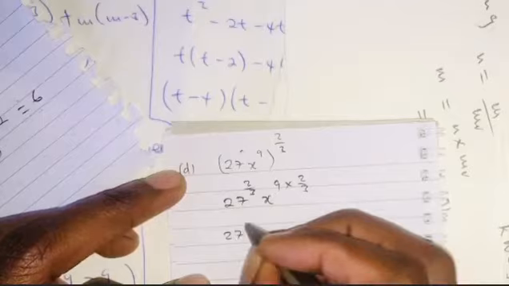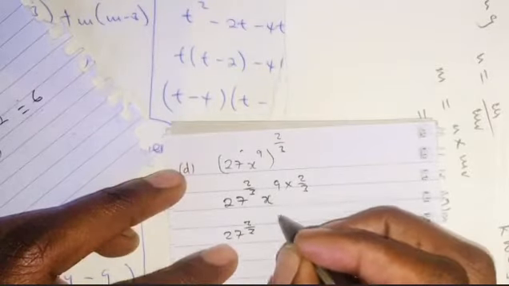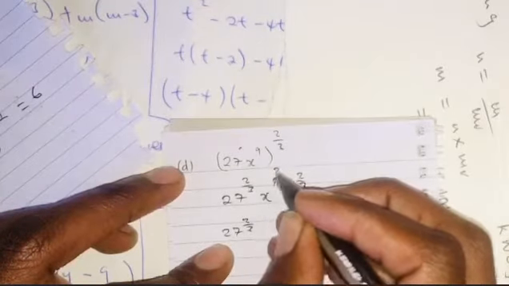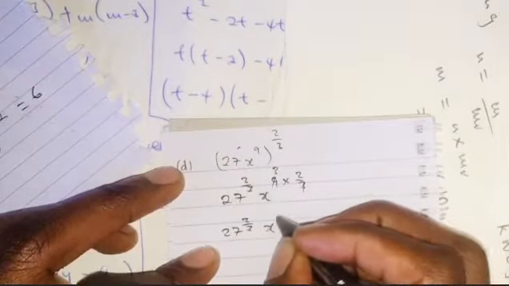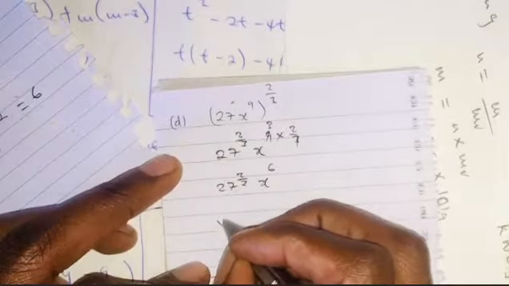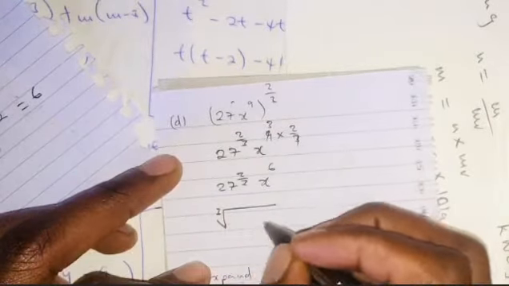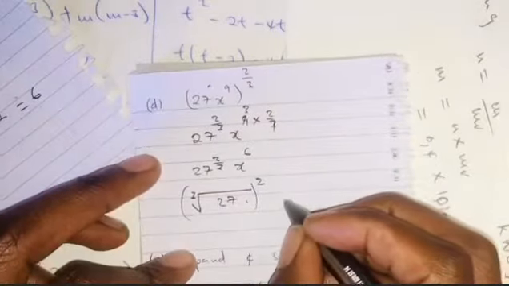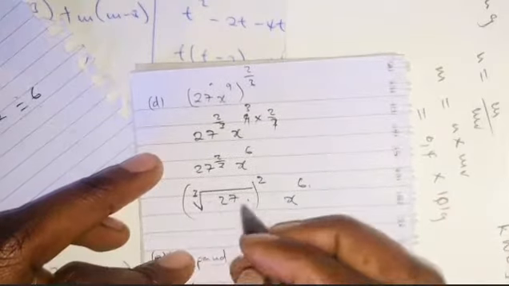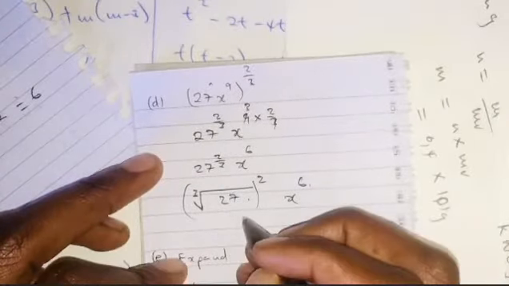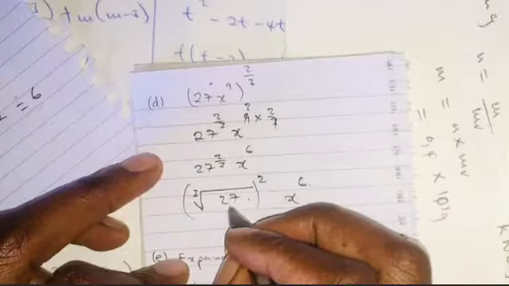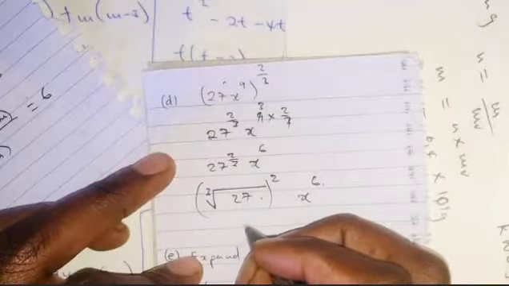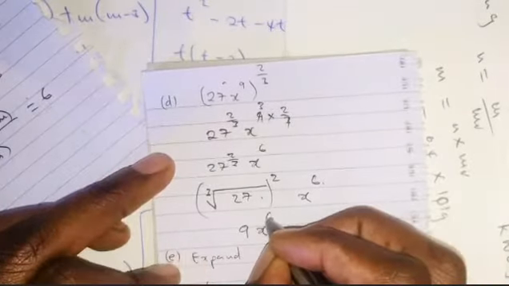We get 27 to the power of 2 over 3 here, multiplied by x, 3 into this one, that's 3 times 2, that's x to the power of 6. Then of course using the laws of indices, 3 here, 2 here, then 27 inside here, then times x to the power of 6. If we solve out this one, we're simply going to come up with the cube root of 27 is equal to 3. Then 3 squared is equal to 9. So it's 9x to the power of 6.